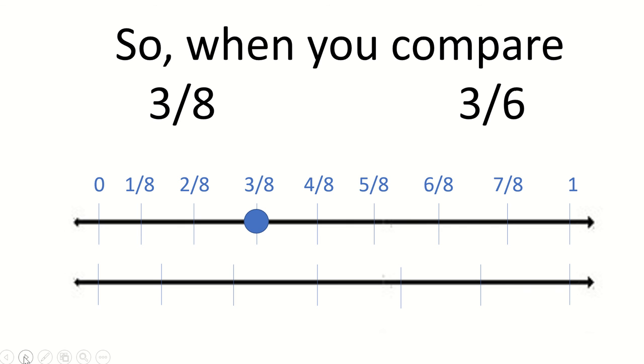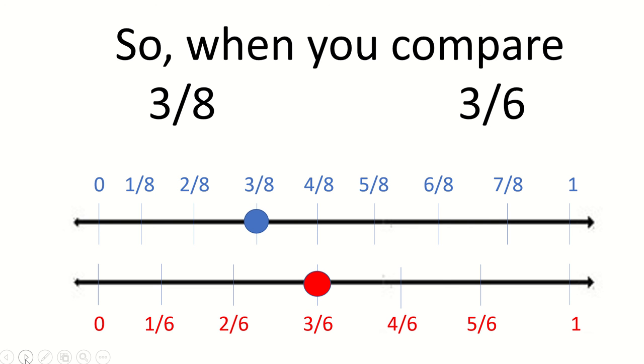Then if I want to compare it to 3/6, I can draw another number line the same length and divide it into 6 equal parts, labeling it from 0 to 1 and labeling the sixths. Then I can go ahead and plot 3/6 on the number line.